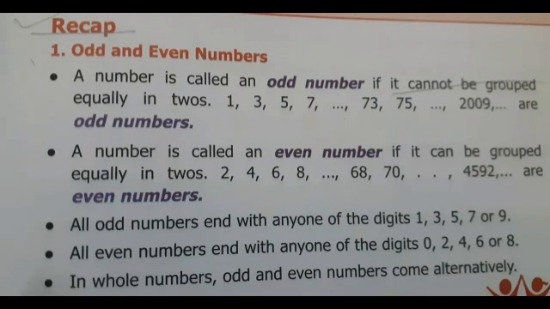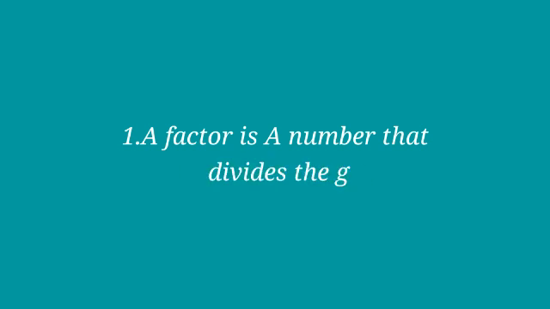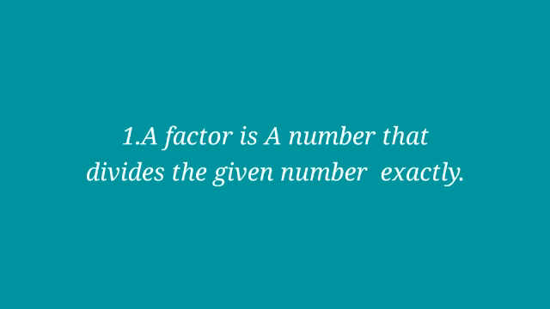The second one is factors. A factor is a number that divides the given number exactly, that means it gives a remainder 0.